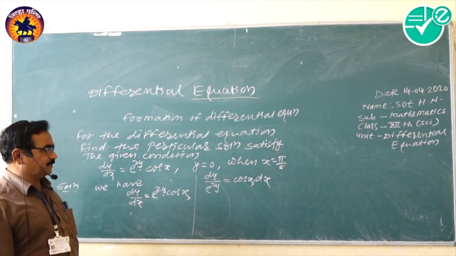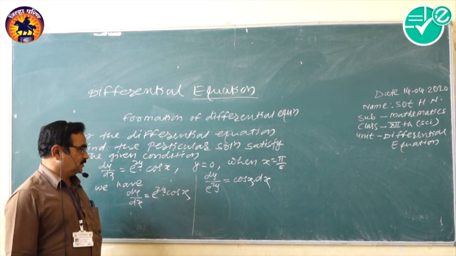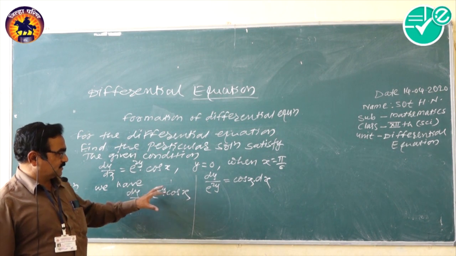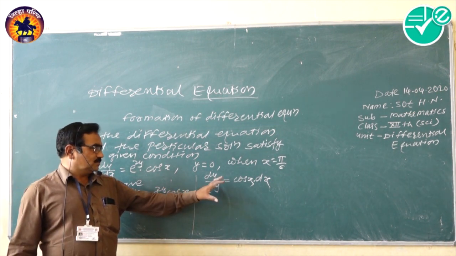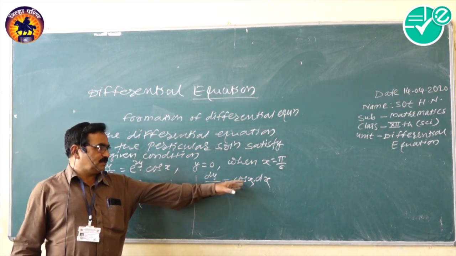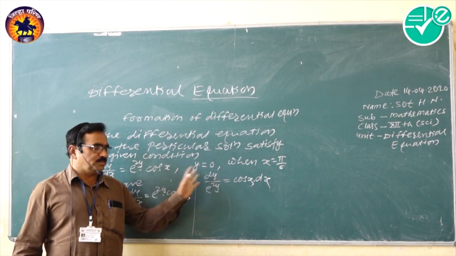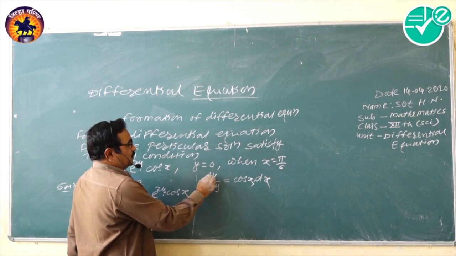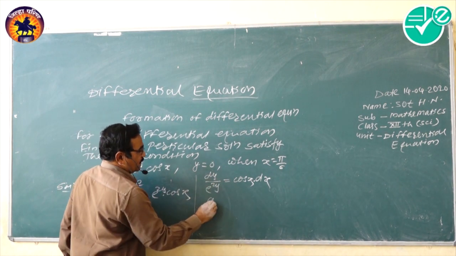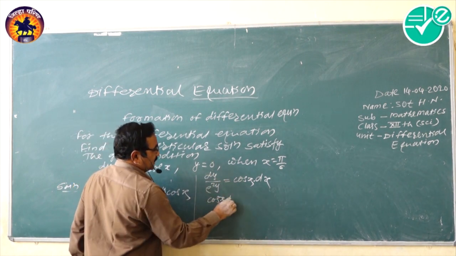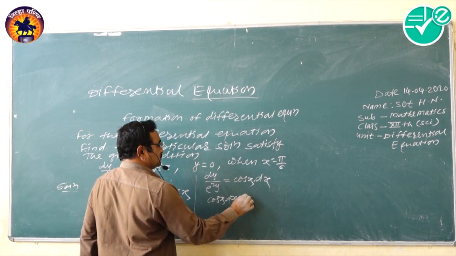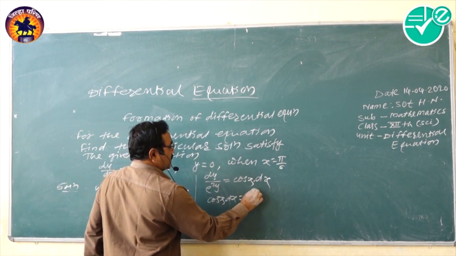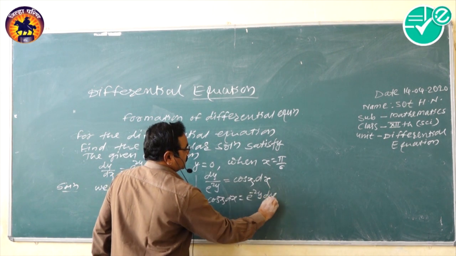To solve it, we rearrange the terms with coefficients of x with dx and coefficients of y with differential dy. Cos x dx equal to e raised to minus 2y dy.